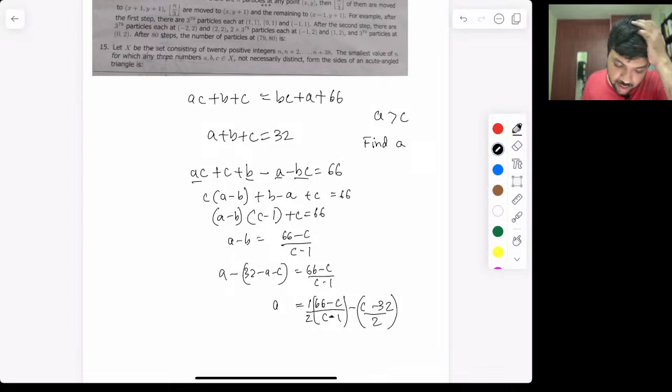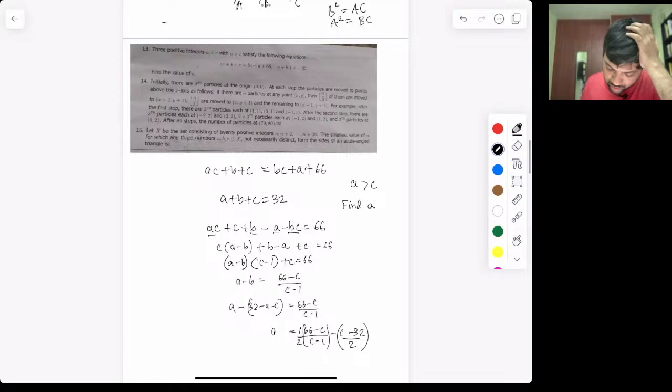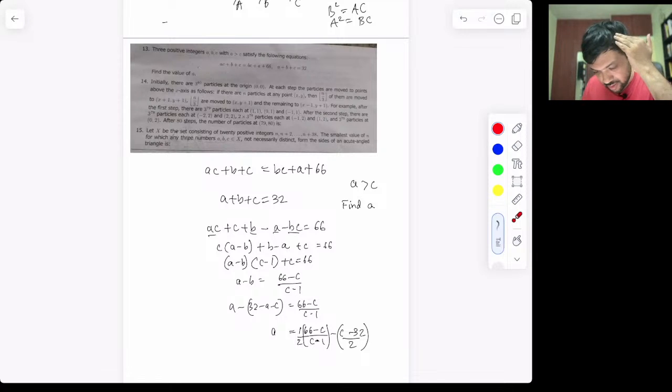So by the way, a, b, c are positive integers, so here also you can try trial and error, right? a plus b plus c is 32, so you just need some constraints to try. So a should be as large as possible. The sum should be 32, and each one should be at least 1. So a is at least 31, right? No, 30. So a is at most 30.